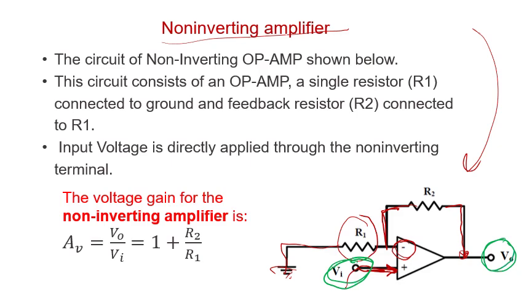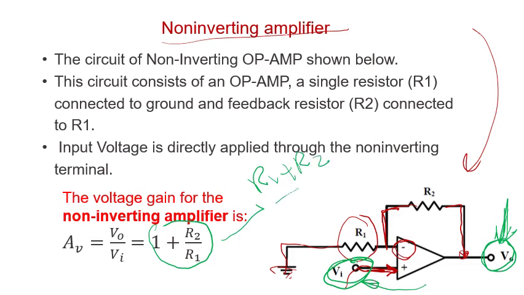Again, the gain is the output over input. But how am I going to calculate it, how am I going to design it? It's going to be 1 plus R2 over R1, or the same thing, R1 plus R2 over R1. So that's the gain of the non-inverting amplifier.